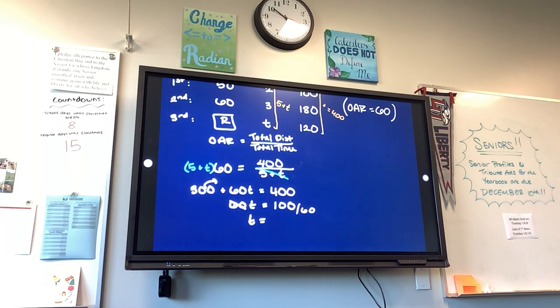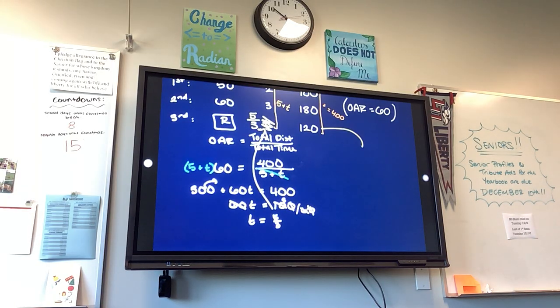Not 4. 10 over 6, which is 5 over 3. Very good. Drop a 0, and then 10 over 6 is 5 over 3. Okay, almost there, but you have to take that and plug that in to the time right here. So now this is actually 5/3.